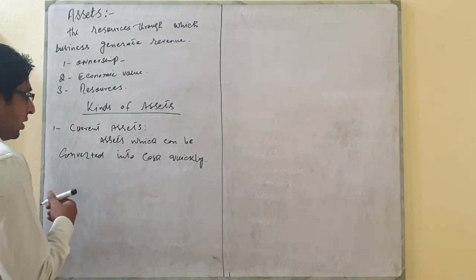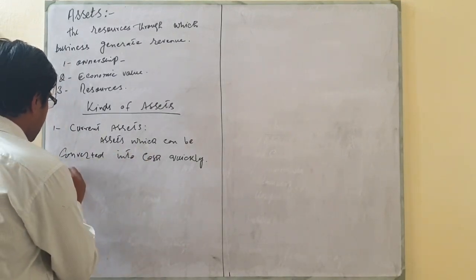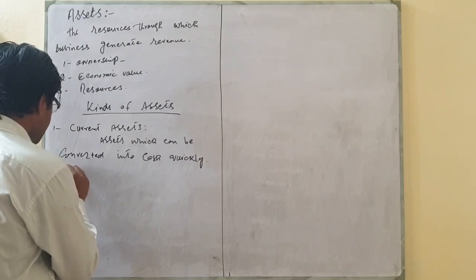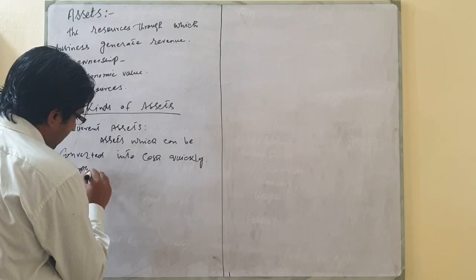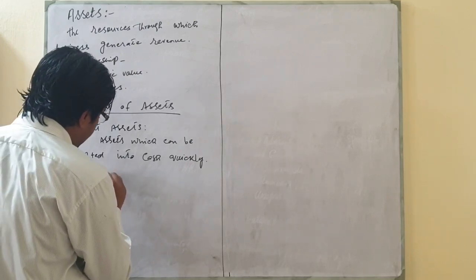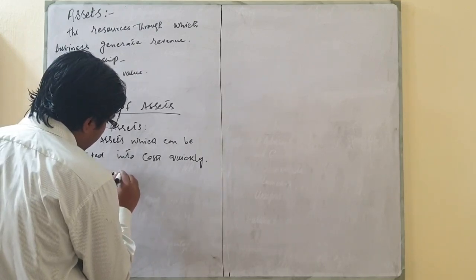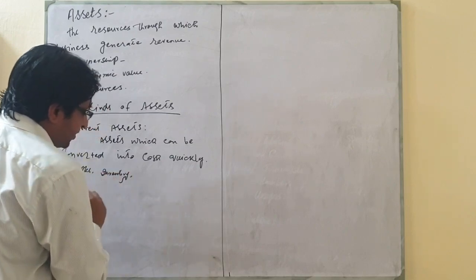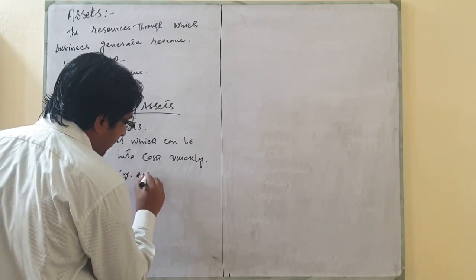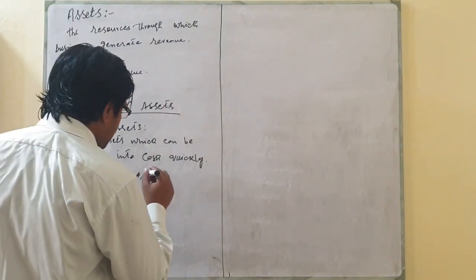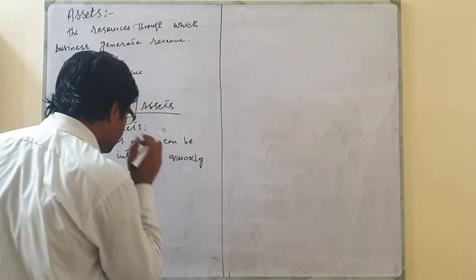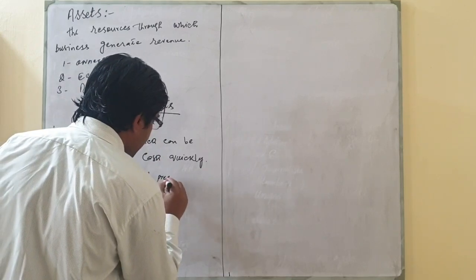What are those current assets? Let me discuss its examples. Like inventory. Inventory can be converted into cash. Account receivable, sundry debtors, these can be converted into cash. Similarly, prepaid expenses.